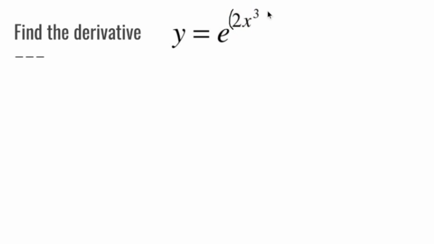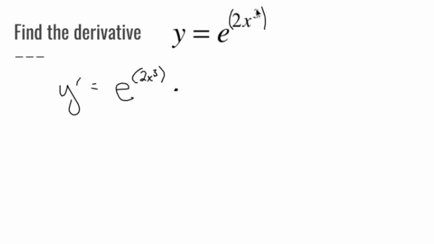This is the inside. Okay, chain rule means you take the derivative of the outside. So y prime is going to involve me taking the derivative of e, which is still e, keep the inside, so times 2x cubed, but multiply the whole thing by the derivative of the inside stuff.